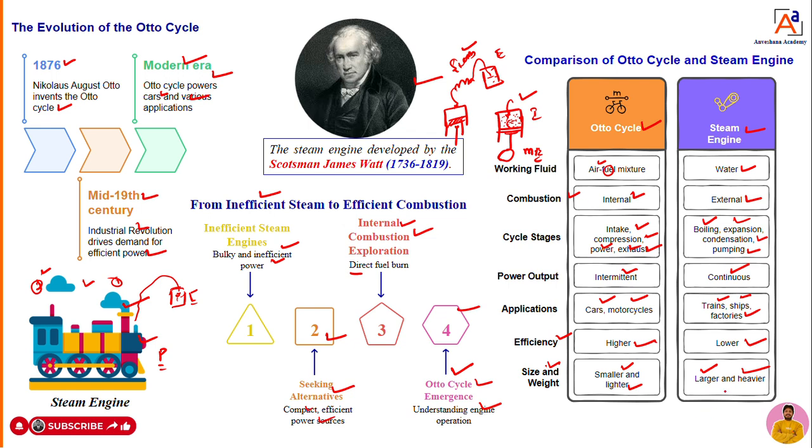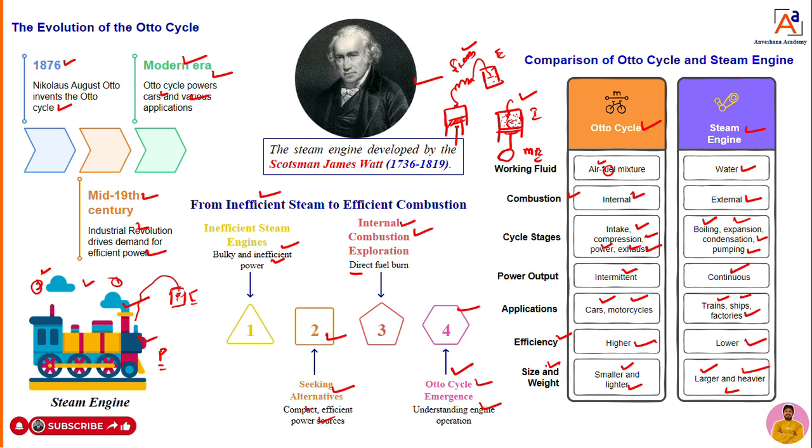So because of these reasons: low power, large and heavier, and it has a boiler, condenser and pumping components, and combustion takes place outside. It is very difficult for us to maintain these for applications like cars or motorcycles, and it is difficult to carry all these things to get our mechanical work.